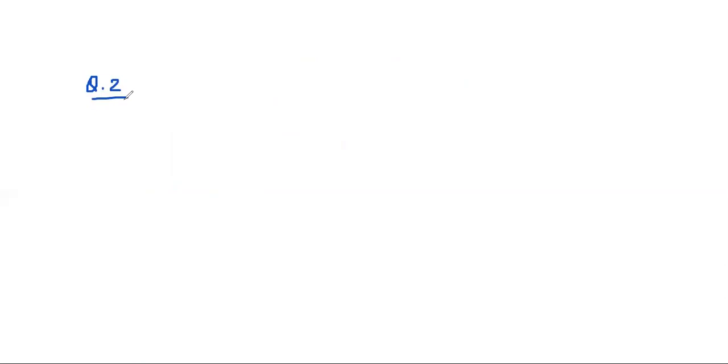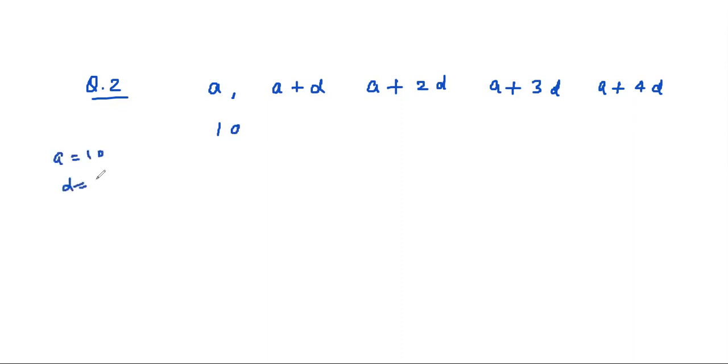Question number 2 says, write the first 4 terms of the AP when the first term A and the common difference D are given below. So the rule is: A is the first term, then we add D to it, then A plus 2D, then A plus 3D, A plus 4D, etc. So here in our question, A is given as 10, and D is also given as 10.